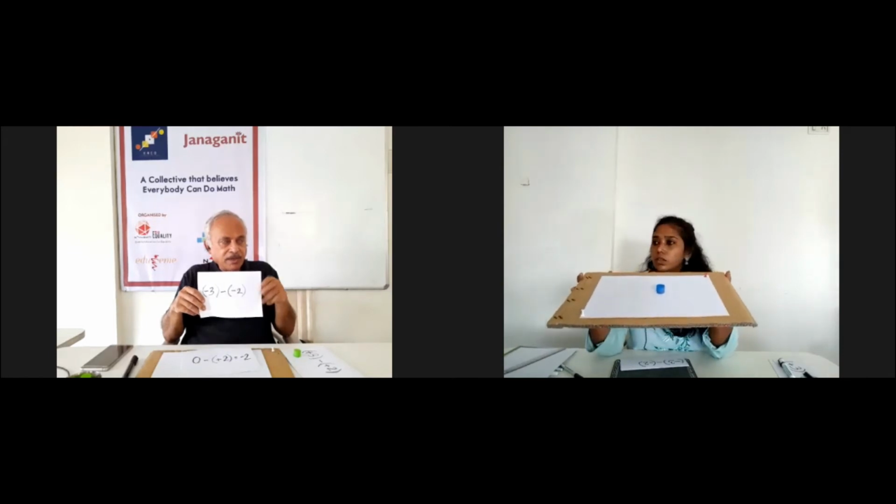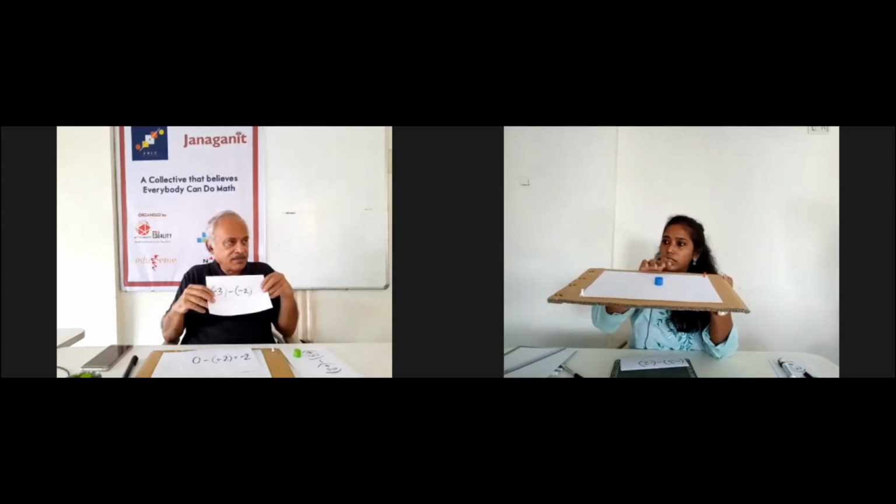And what answer do you get? I get -1. Okay, can you explain what you did? So I had -3 in my account, and minus is to remove. So I'm removing -2. So what I'm left with is -1. Right. So write that.